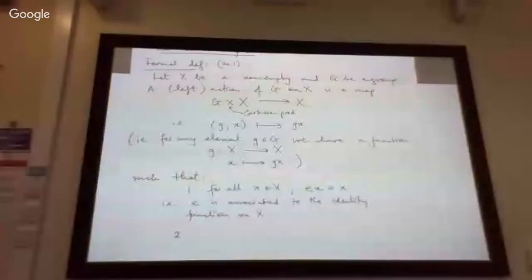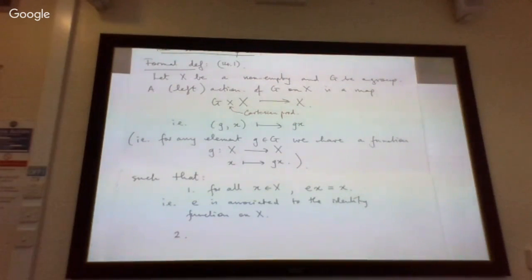And so just appreciate the different things here. On the left-hand side, we've got the function associated to this group element, G1 times G2. It's a function sending x to x. On the right-hand side, we've got a value of the function G1, and it's the value that it takes on the argument itself, the value that the function G2 takes on x.